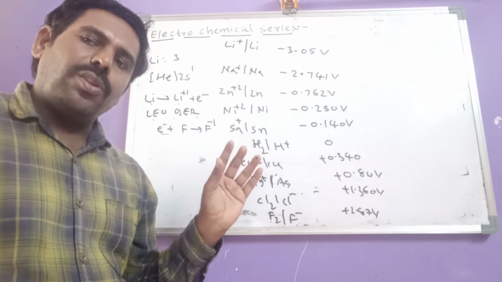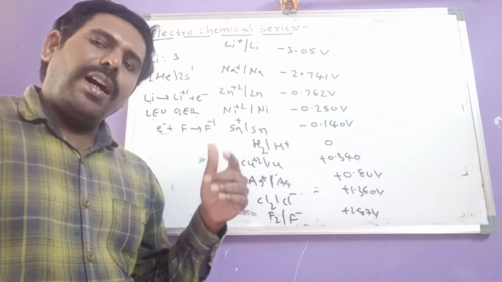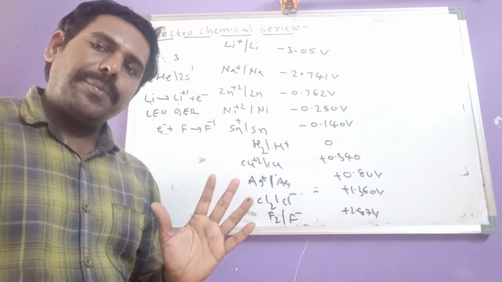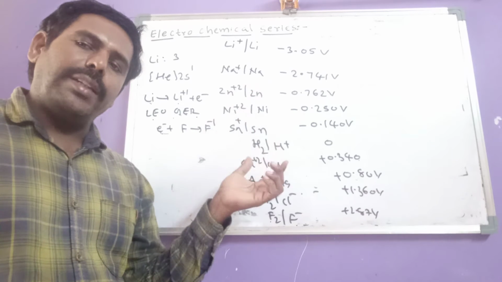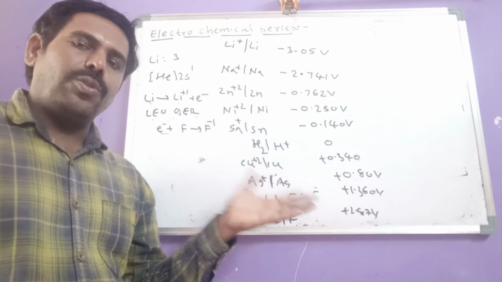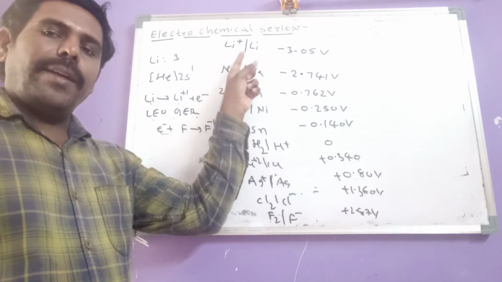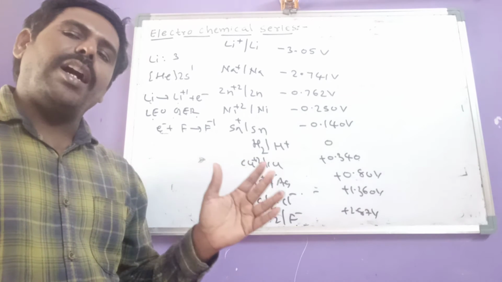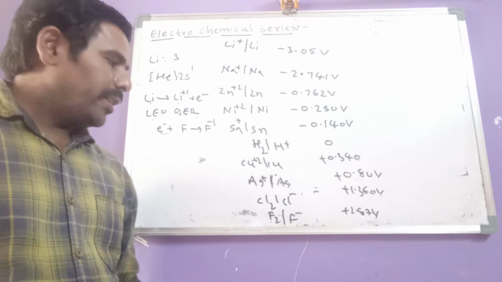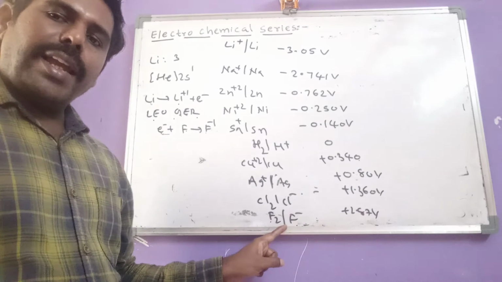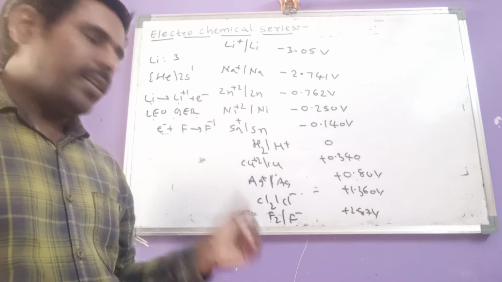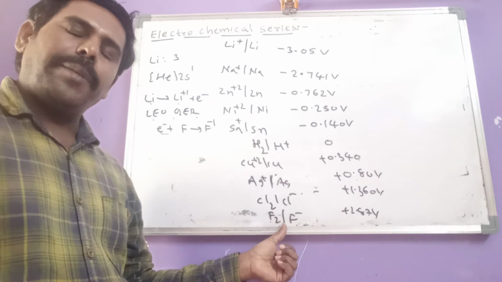Lithium electrode reduces all the metal ions and non-metals present below it. Of course, all are present below it. So lithium can reduce all the metal ions and non-metals. Then, which can be reduced by all other electrodes? Nothing but fluorine.